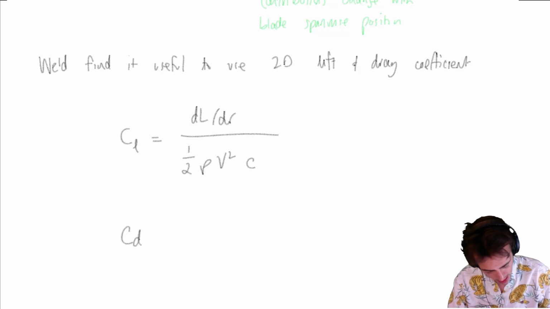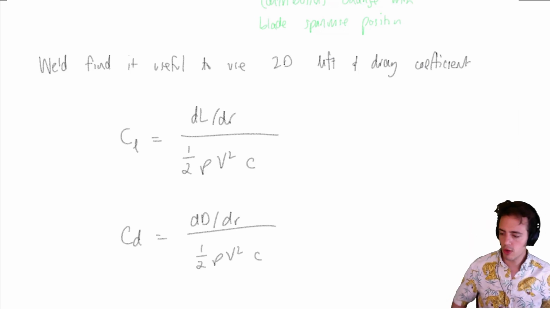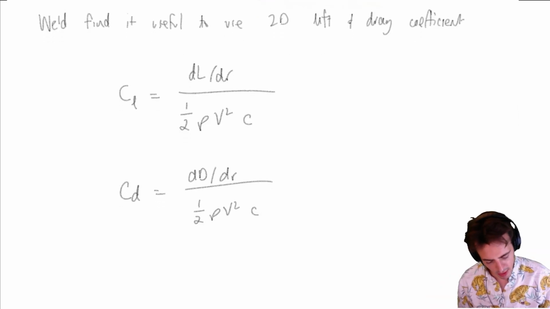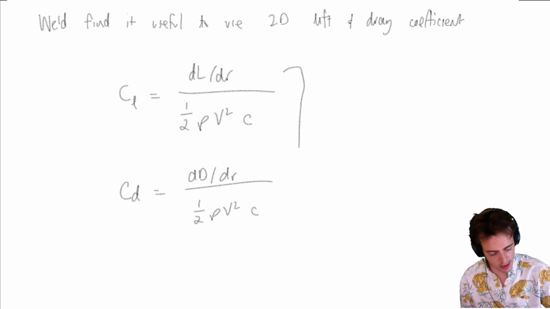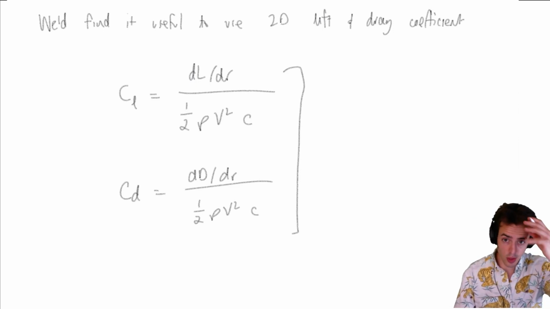And drag similarly is going to be Cd equal to dD on dr divided by half rho V squared c. Those are our two-dimensional lift and drag coefficients. So we can then define our thrust and torque gradients in terms of these, by substituting these into our expressions for dT on dr and dQ on dr.